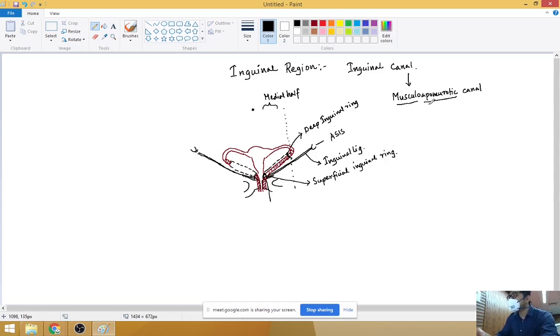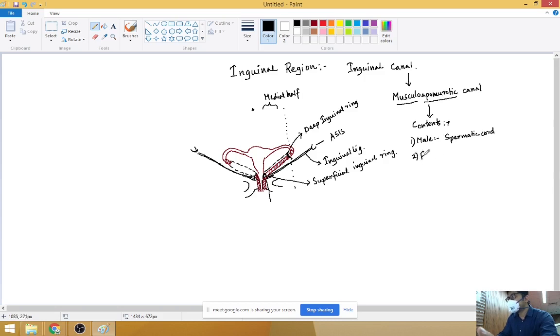Okay, so if you see the contents, the first is, in case of male, the spermatic cord.